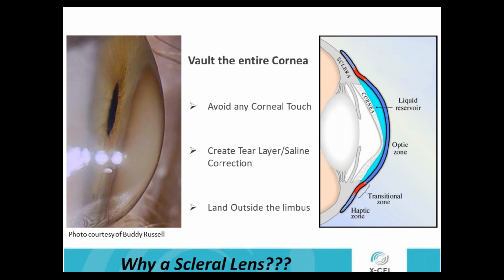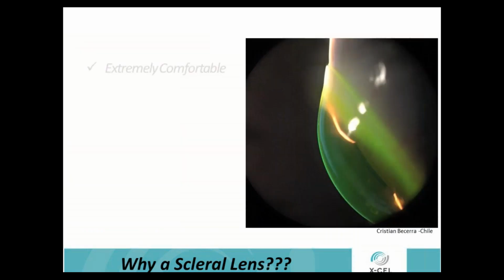So we'll talk about what we've learned as a company in our manufacturing and having our lens out for about 8 years. We have about 200,000 lenses on eye, and that's after the returns. So we have a lot of clinical data that we've gathered on that, and that's what we put behind our fitting philosophy.